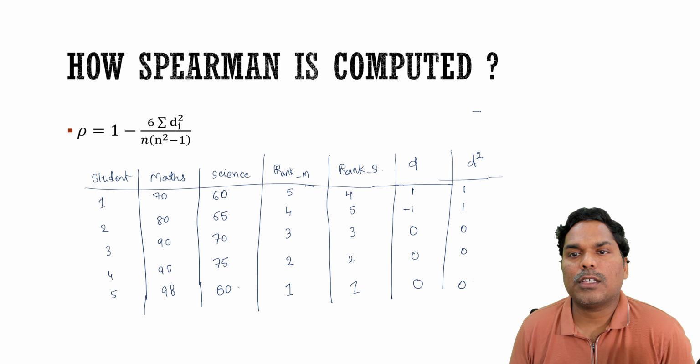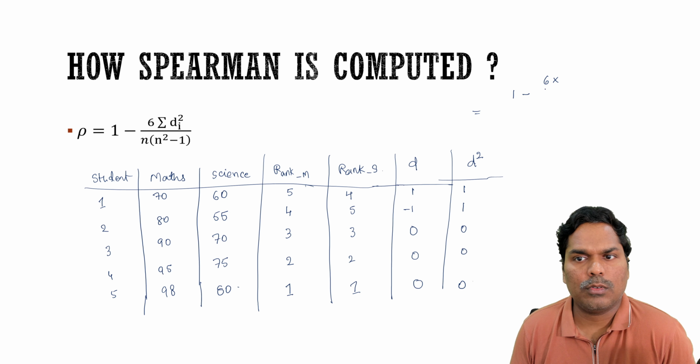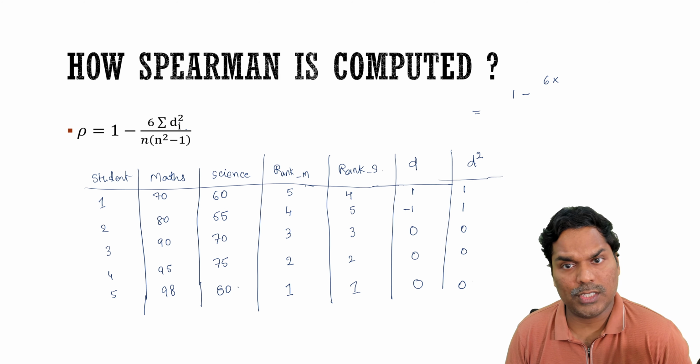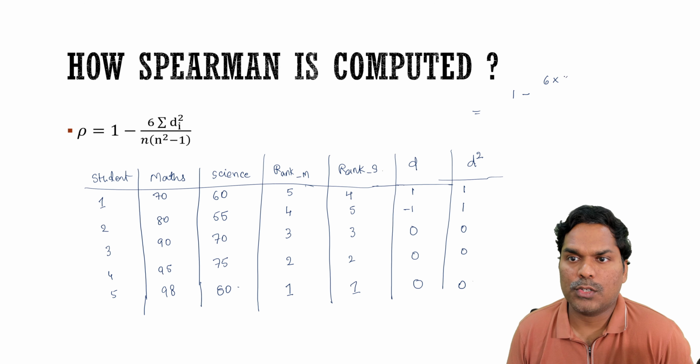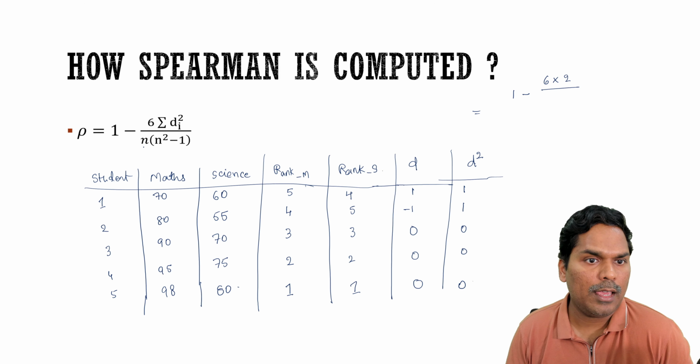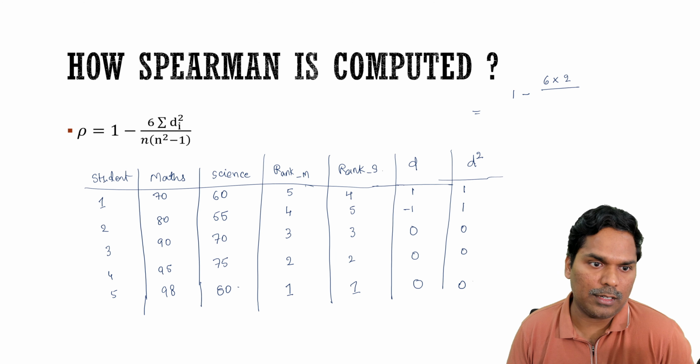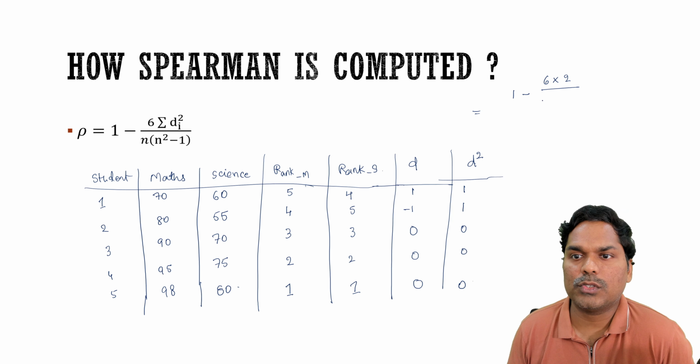And from this you are going to calculate rho. 1 minus 6 into sigma of D square. So 1 plus 1, 2. 6 into 2 divided by n, number of rows here. So we have 5 rows, it's going to be 5 into 5 square 25 minus 1, 24.